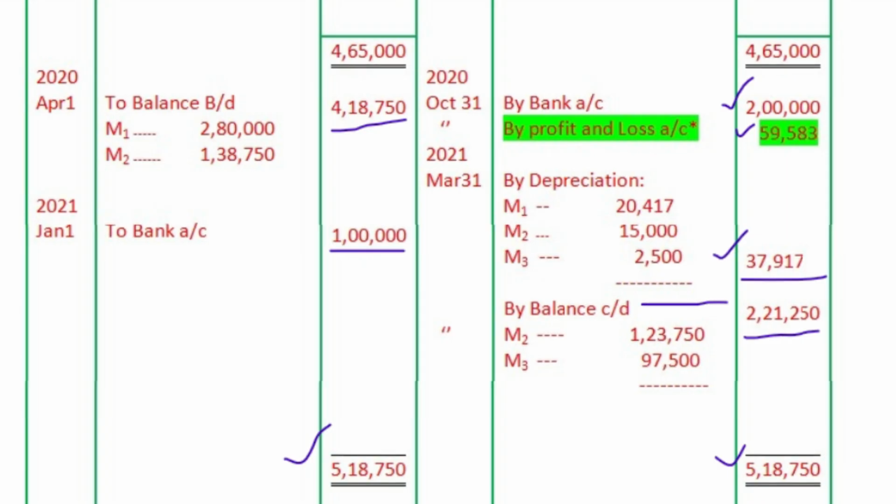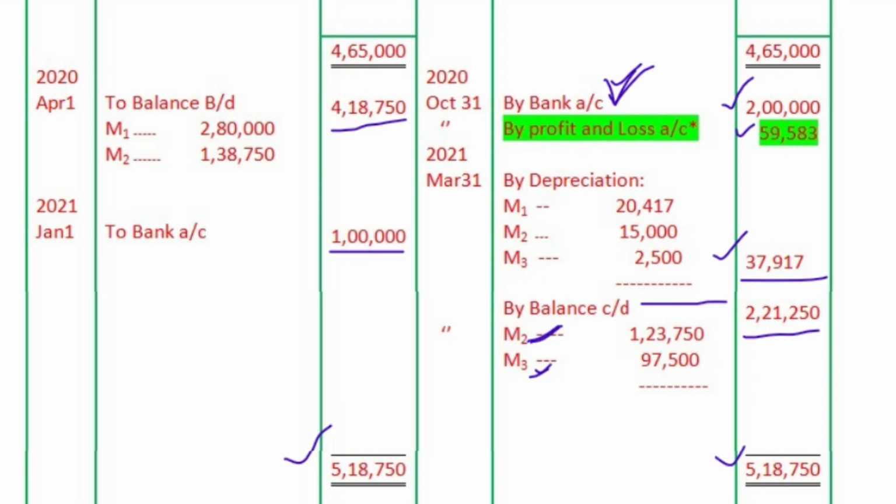And in this balance, only two machineries are represented, machinery 2 and machinery 3, since machinery 1, this one, is sold. It is completely sold out, and this machinery will not appear again. So only machinery 2 and machinery 3. If you want to verify, then you can verify this value 2,21,250.